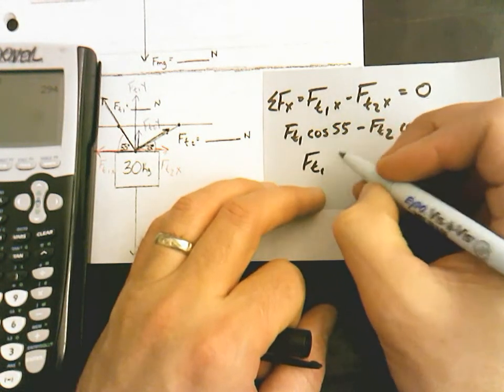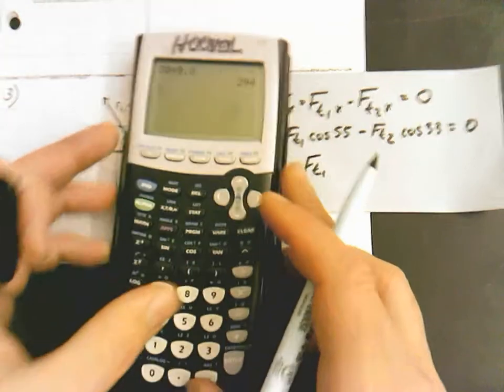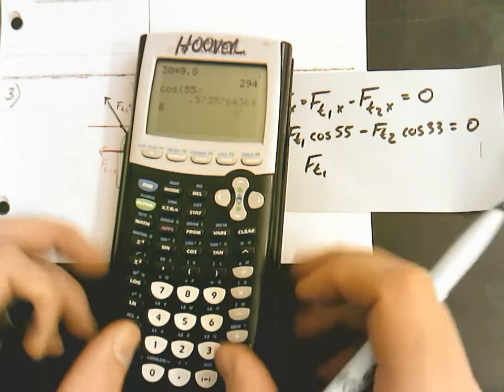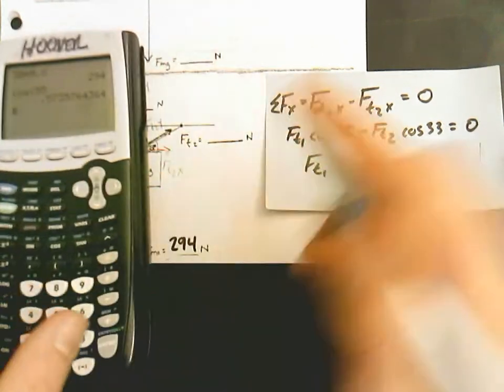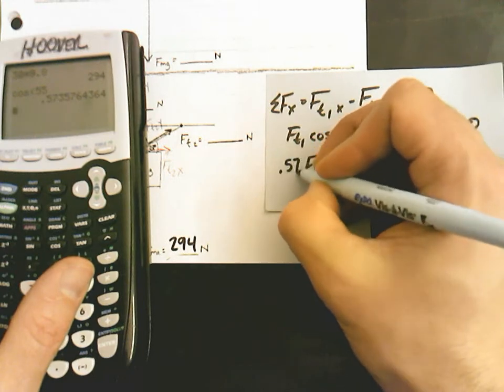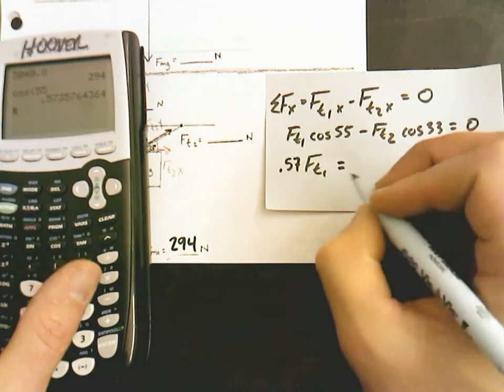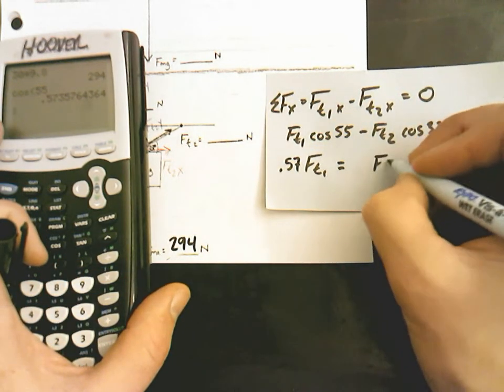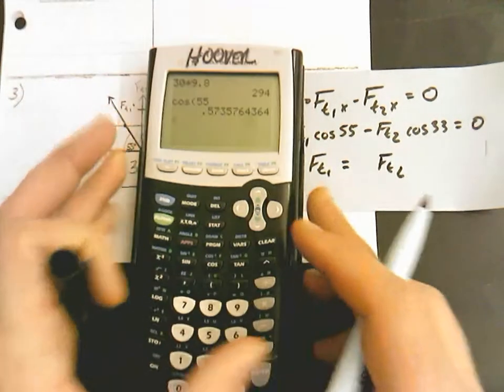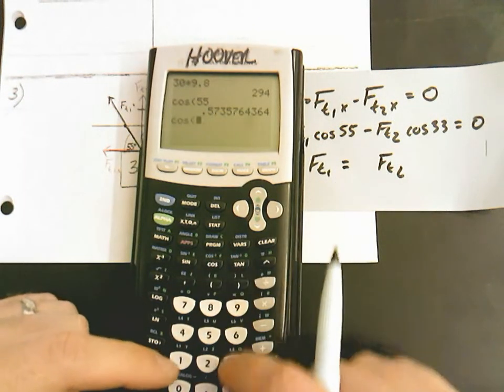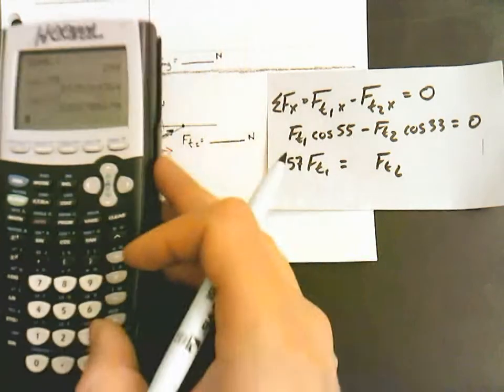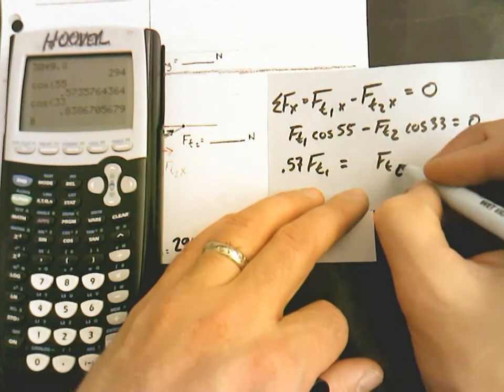So FT1. Now let's go ahead and figure out what cosine 55 is. Cosine 55 is 0.57. So I'm going to round that and write that in right there. 0.57 equals FT2. We're going to take the cosine of 33. So we say cosine 33, and we get 0.84 if we round.